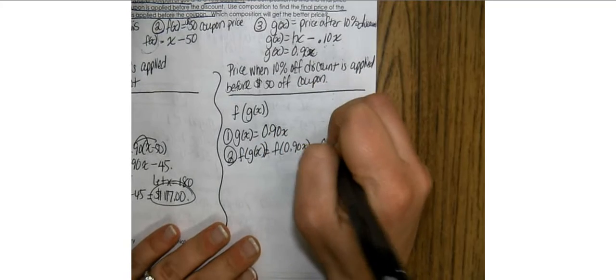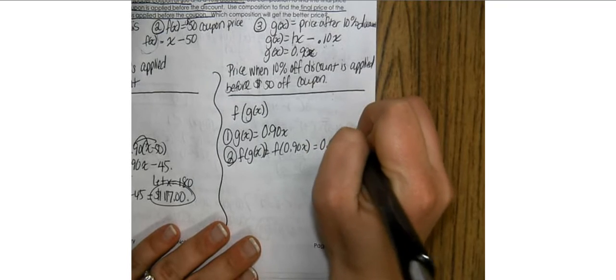Then the second thing we need to do is we have f of g of x. f of g of x is going to be equal to f of 0.90x. So that's going to be equal to 0.90x minus 50. So I'm just substituting it into my f function. There's nothing further for us to simplify. So therefore, f of g of x would be equal to 0.90x minus 50.